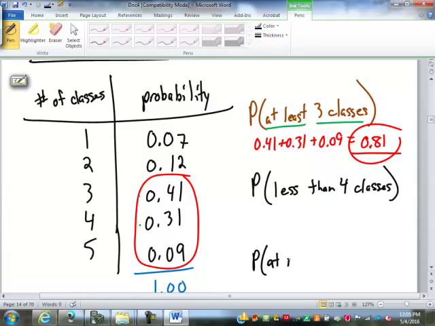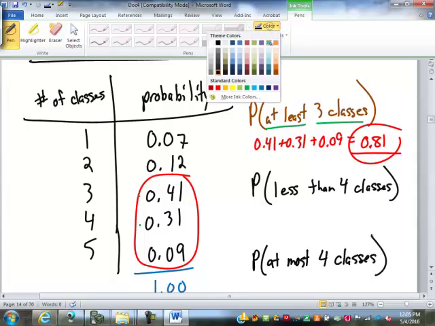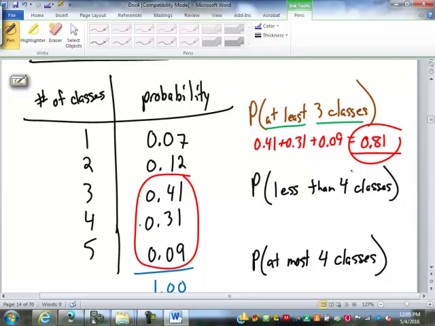I said the probability that they had at most 4 classes. At most 4 classes would include the 4. The less than 4 classes does not include the 4 because 4 is not less than itself.